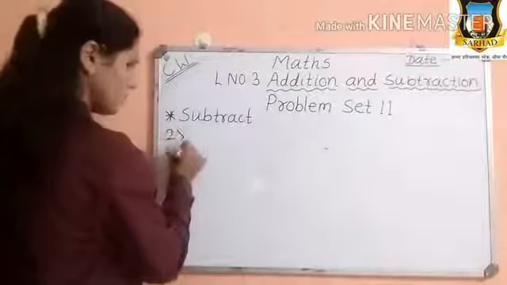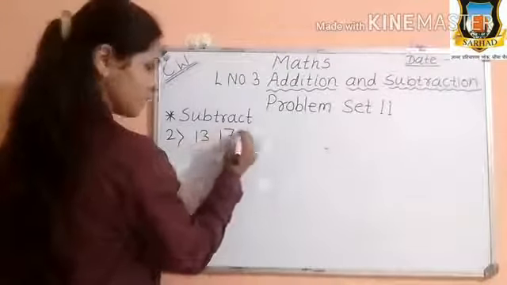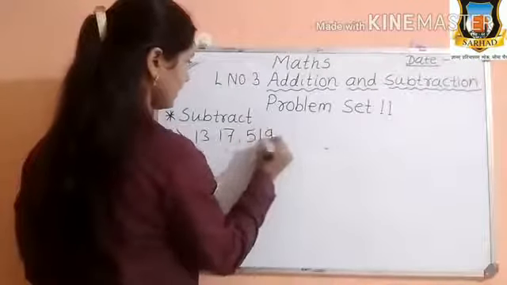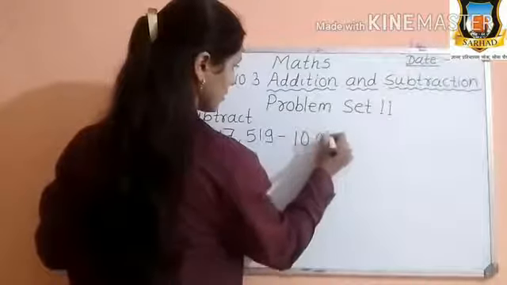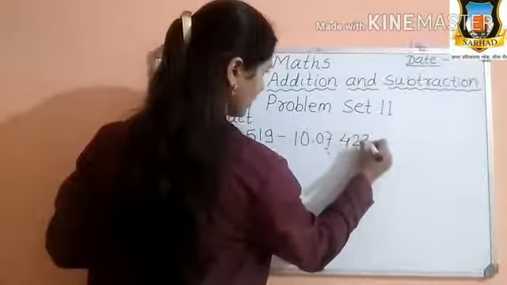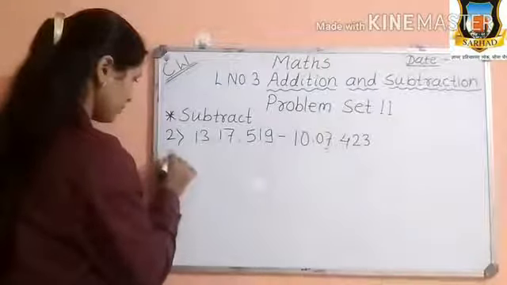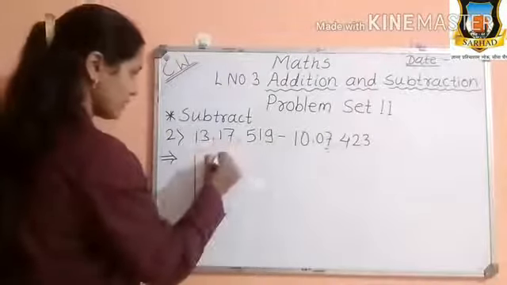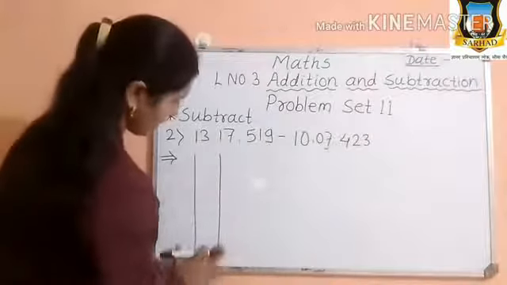Second one, that is 13,17,519 minus 10,07,423. Okay, so here make the columns. 7-digit numbers are there, so 7 columns you have to make here.